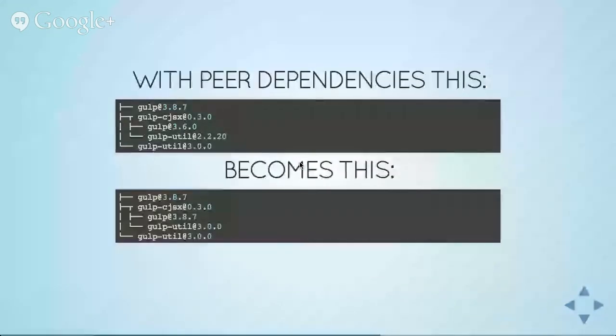So now we've taken something where we've had the two different versions, the 387 and the 360 of Gulp. Now they're both being enforced to be 387. And Node is really good about detecting they've already got that version, so it's not going to go reinstall it. Remember, you've got that benefit of walking up the directory structure, looking for a dependency. So if it walks up the dependency structure and sees that you've already got it, it won't install it further down in your directory structure.